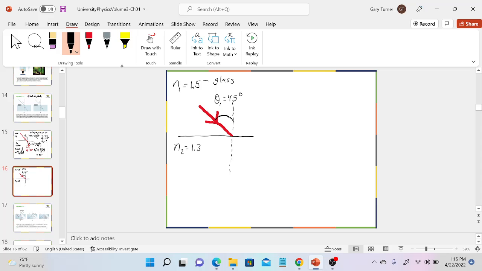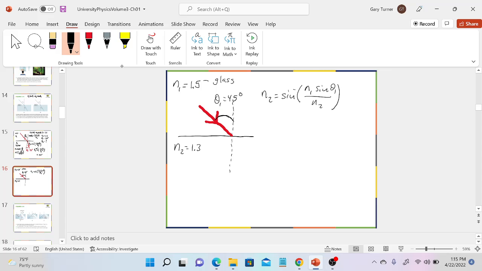And once again, we're solving for theta 2. I want to know what the refracted angle is. And because we're going from a more dense medium to a less dense medium, this now should be bigger than 45 degrees. Okay. And so if I plug into the same formula, theta 2 is going to be the sine inverse of N1 sine theta 1 divided by N2.